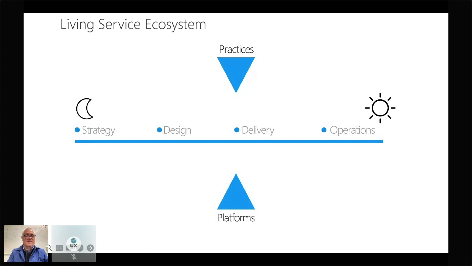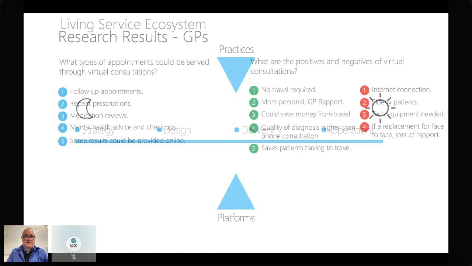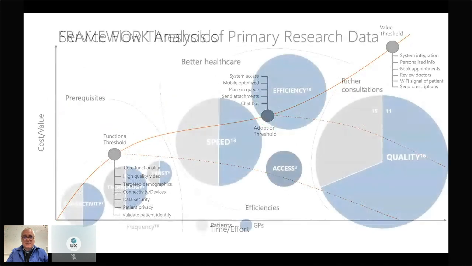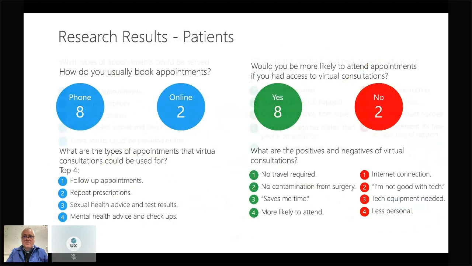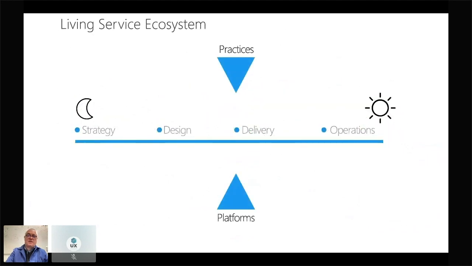So the design of the service is part of that, but it's how the human practices and the technological platforms work around that. So that's the kind of case. I'm going to go into a bit more about some of the consequences of this type of work in terms of methodology.